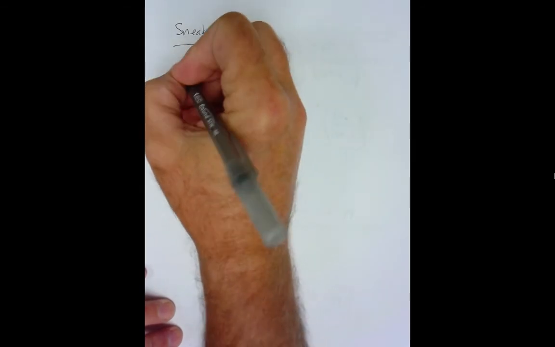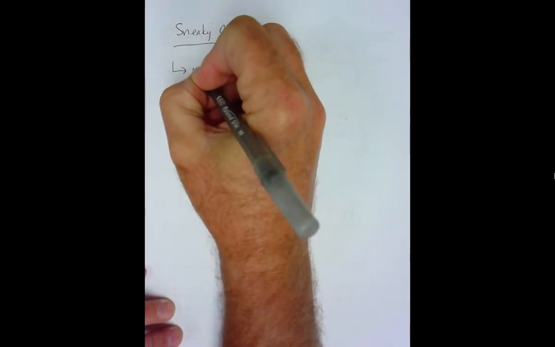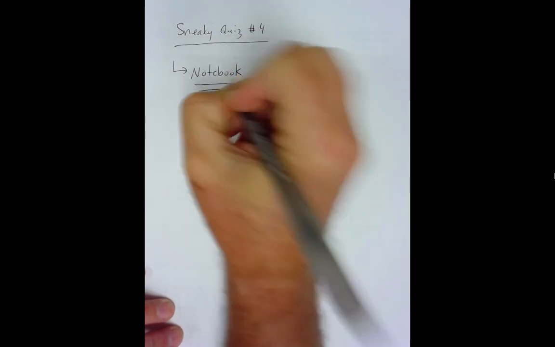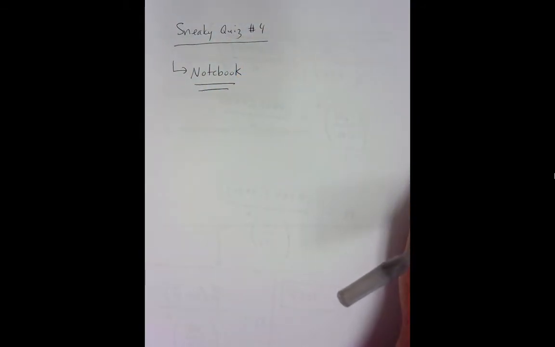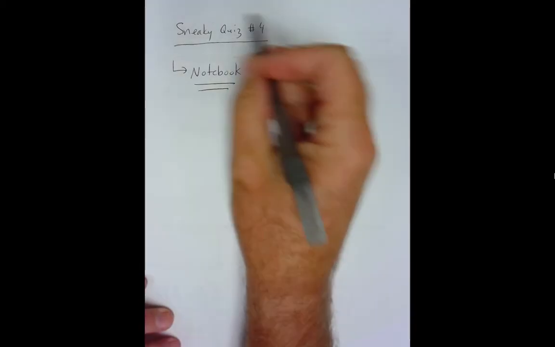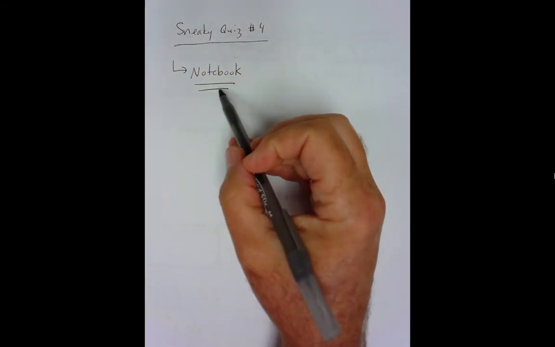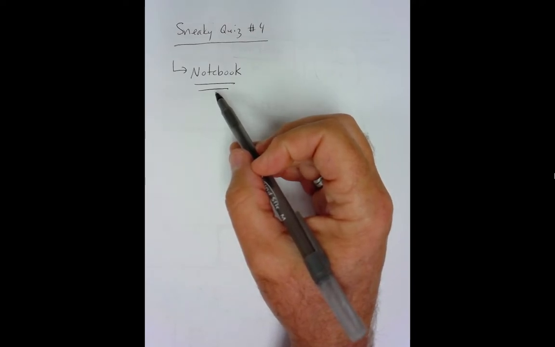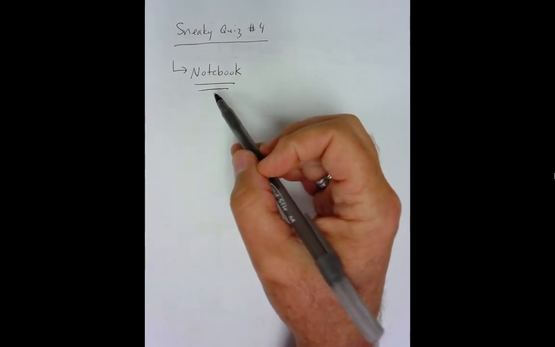That's fine. But guys, it is going to be critical that you keep a notebook from here on out. Maybe you're already keeping a notebook. And if you are, you're going to get an easy sneaky quiz score. If not, you need to start creating a notebook for the second part of this class. We are going to go over so much stuff.